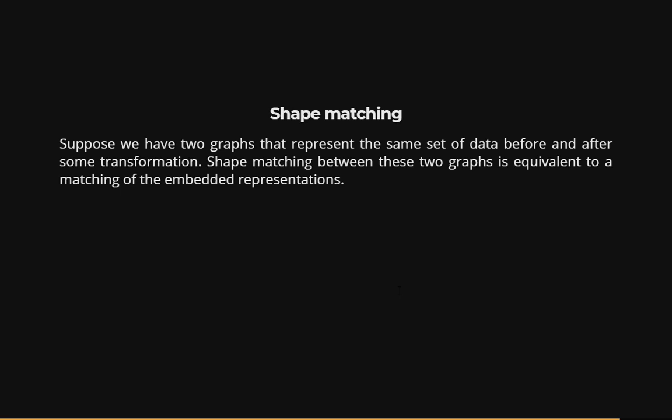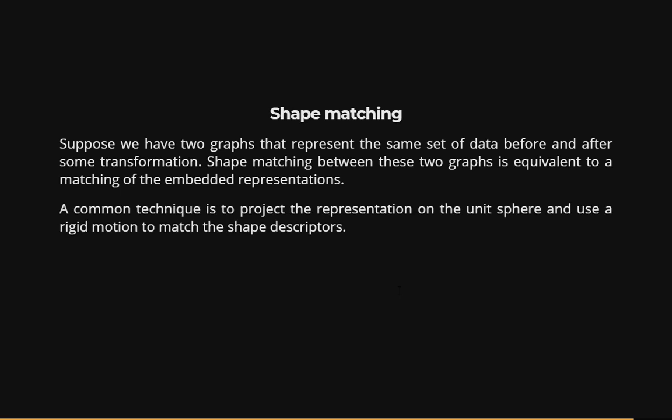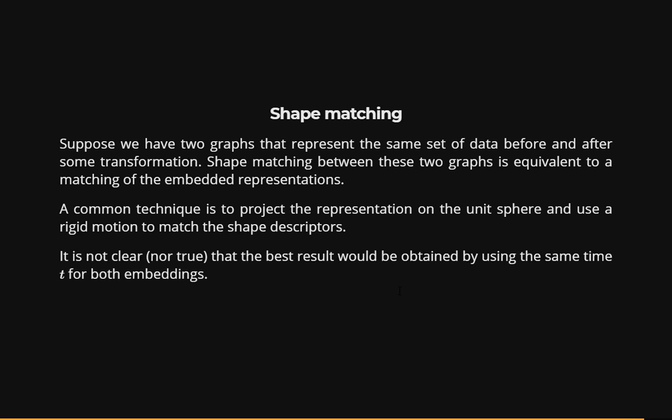So what you can do, I mean, it can be proved that matching the data sets is equivalent to matching the embeddings. And matching the embeddings is easier because, for example, you can project the embedding to the unit sphere in its space and then try and match the points with rigid movements of the unit sphere.